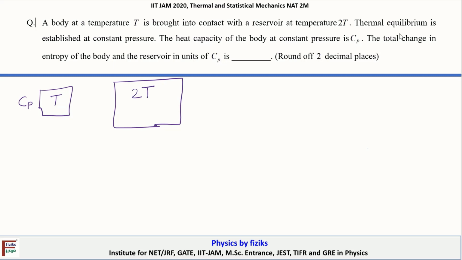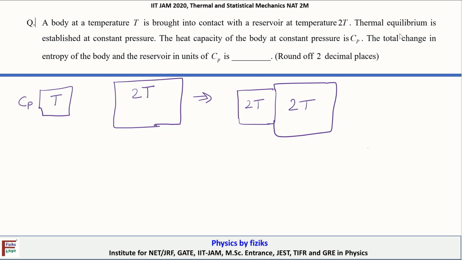When they are brought in contact with each other, ultimately they will form a composite system. Finally, the final temperature of both the given body and the reservoir will equilibrate at the temperature of the reservoir.